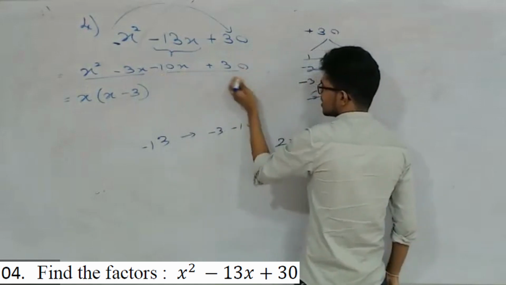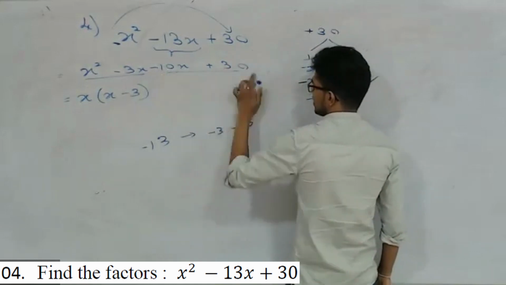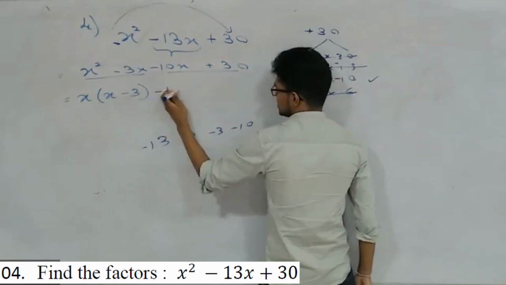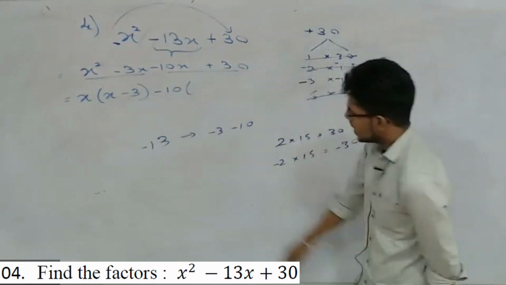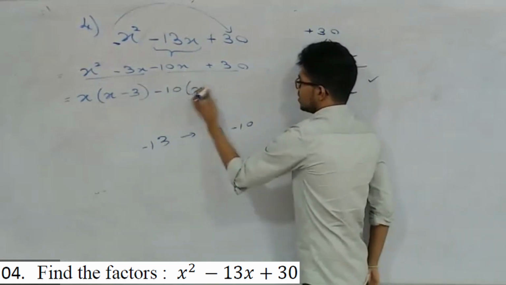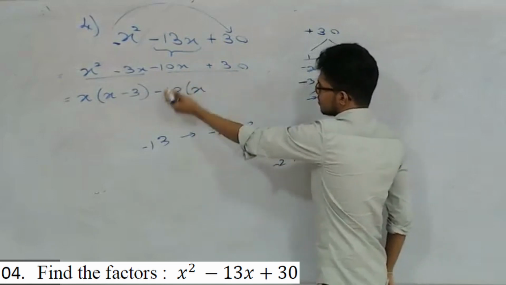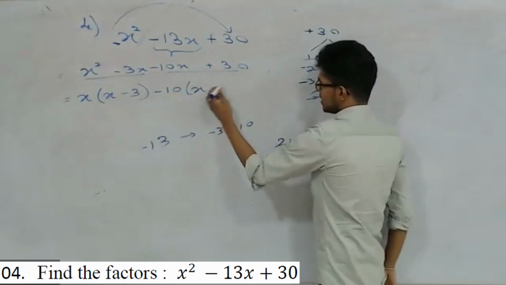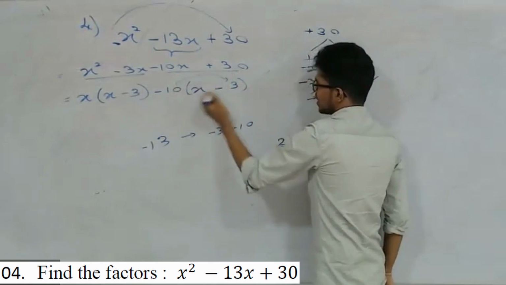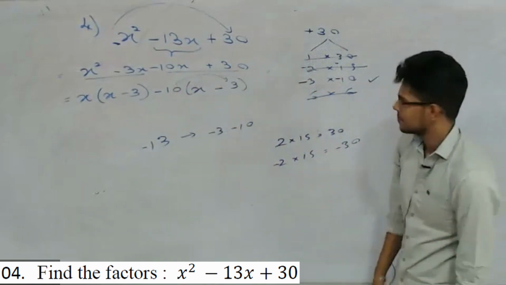This number also can be divided by 10, right? 10 is a common factor. I will take minus 10 outside. When you take minus 10 outside, what is remaining? x. And from plus 30, when you take minus 10 out, minus 3 will be remaining, right? Because minus 10 times minus 3 will give you plus 30.